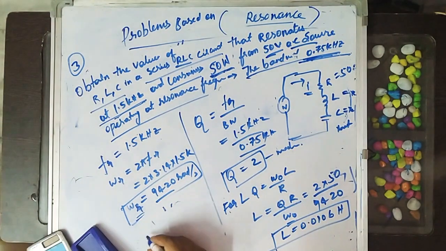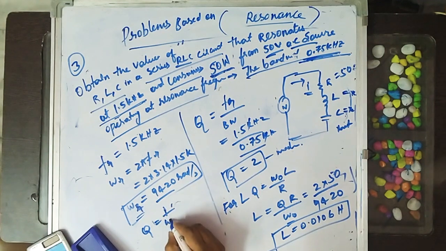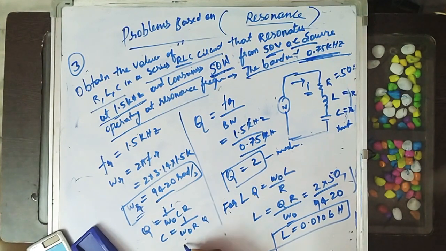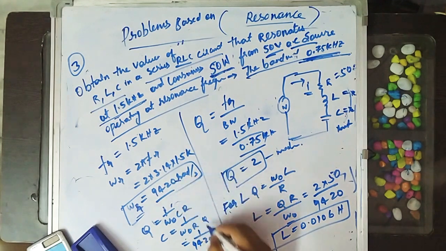Similarly, to get the C value, we have quality factor Q equal to 1 by omega naught CR. So C equal to 1 by omega naught R into Q. Substitute omega naught 9420, the R value 50, and the Q value 2.